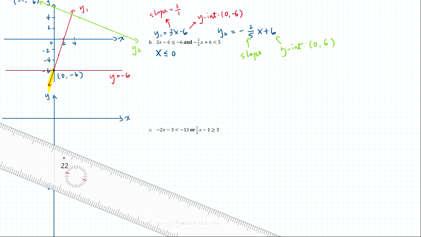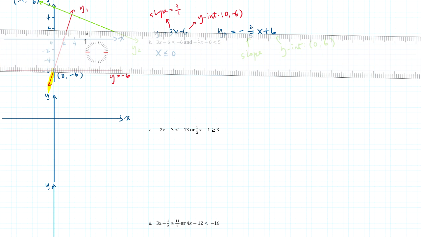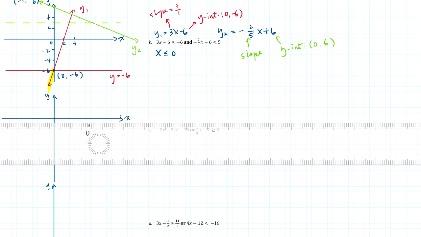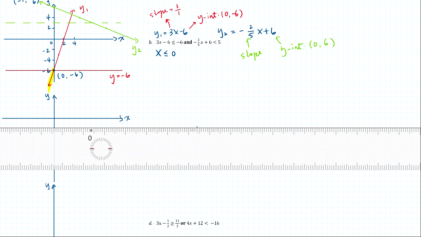And if we have the restriction being 5, I want to use a dotted line because that's not included as part of the restriction. Here, if we look for where this intersects with y equals +5, we get this intersection right over here, which we need to count a little bit.